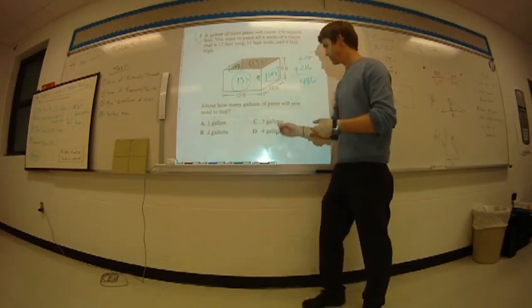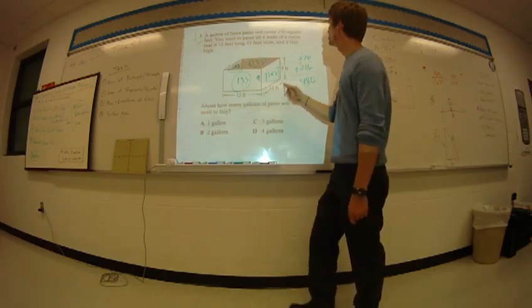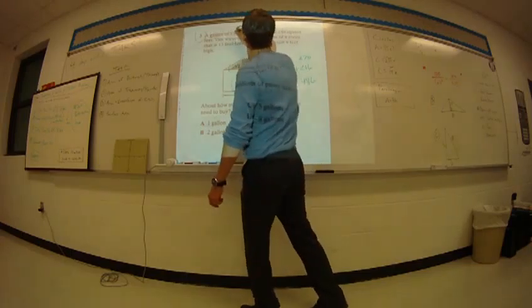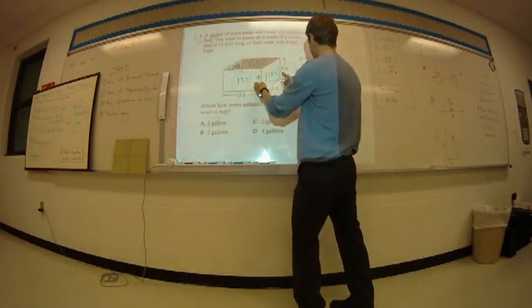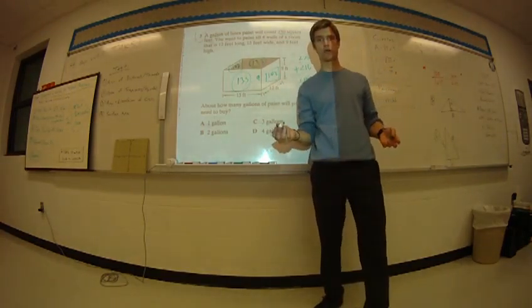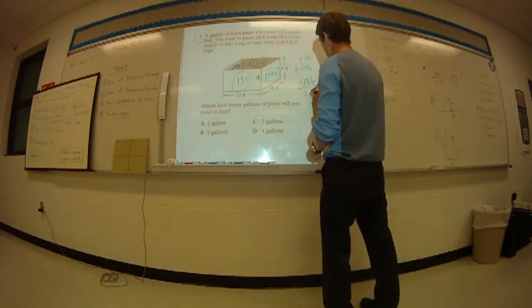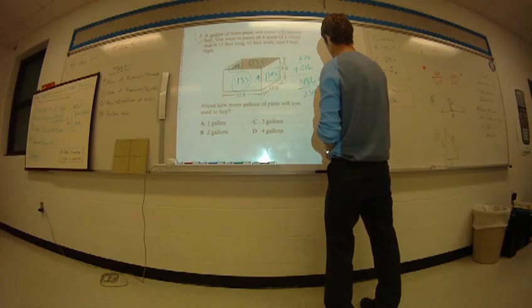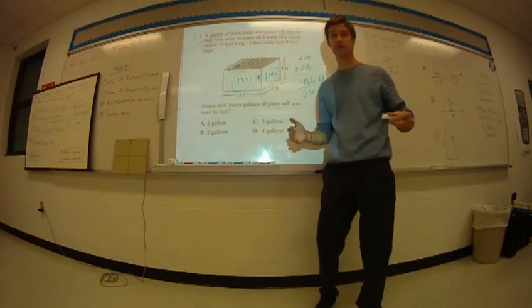But wait. 486, we're talking about how many gallons of paint will you need to buy. Look, 1 gallon covers 250 square feet. We're talking about surface area, so this is actually square feet, or feet squared. So if 1 gallon covers 250, we divide this by 250 feet squared to figure out the exact amount of paint we need to buy.